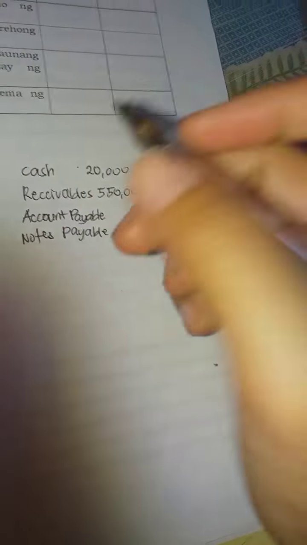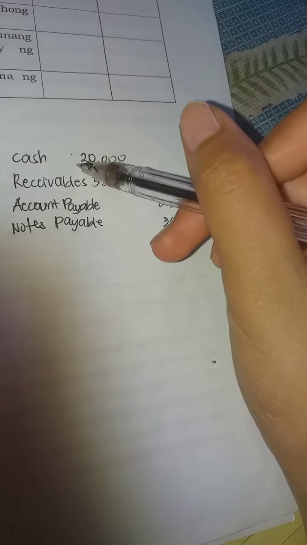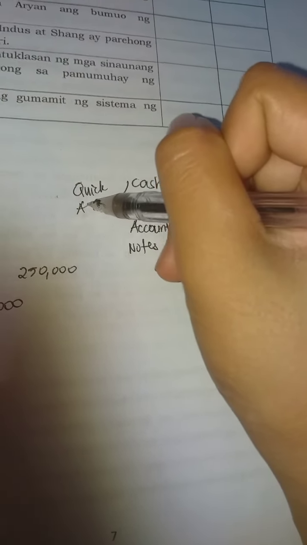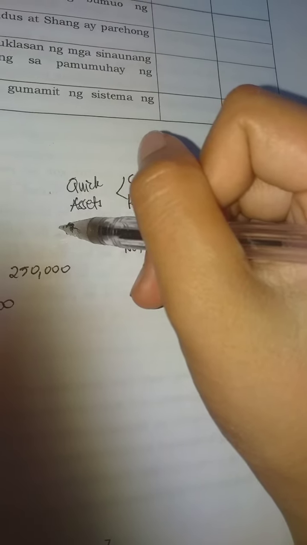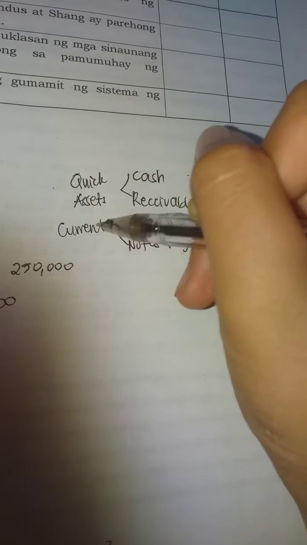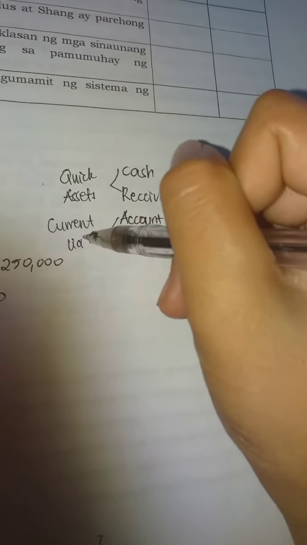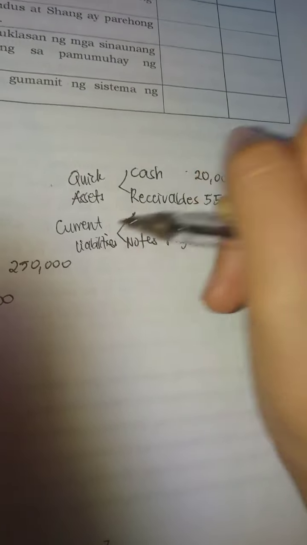So in this case, both of them are quick assets. And these two are current liabilities.